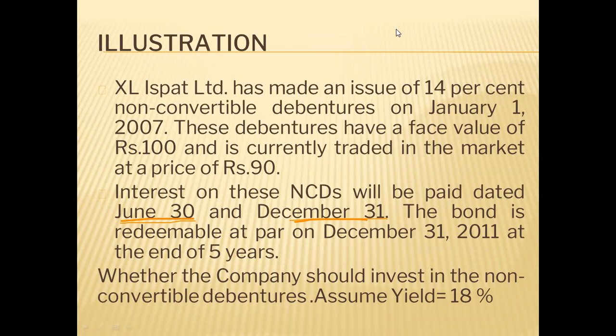So today we will be understanding a case of semi-annual interest, or half yearly interest, you can say. What will be the change in calculation if interest is paid two times in a year?